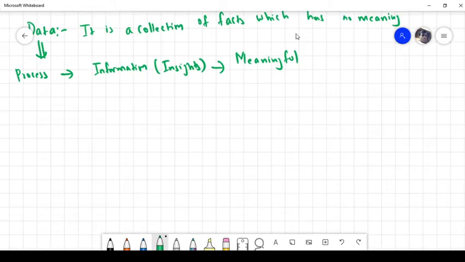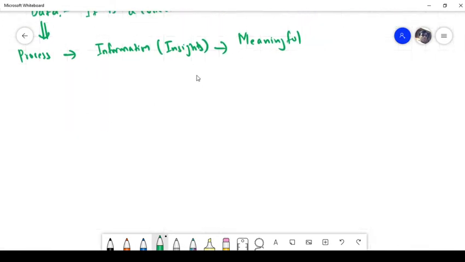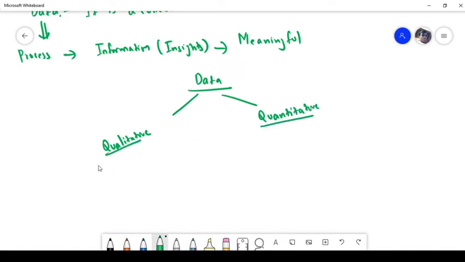Now, this data is classified into two different types. One is qualitative data, and another one is quantitative data. What is qualitative data? What is quantitative data? Qualitative data is a type of data which cannot be measured. Quantitative data is the data which can be measured.